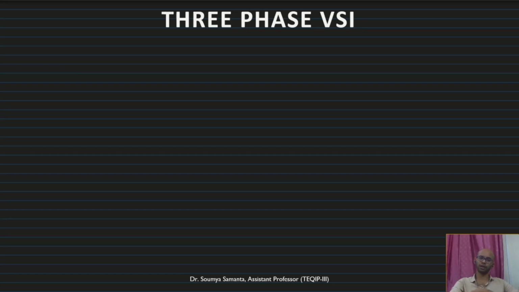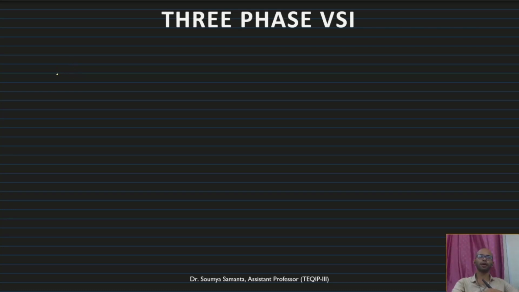In the single phase case, the number of SPDT switches required was 2, and here we require 3. Let us first try to draw the three-phase inverter using SPDT switches, then we will move on to the actual inverter using power electronic switches.